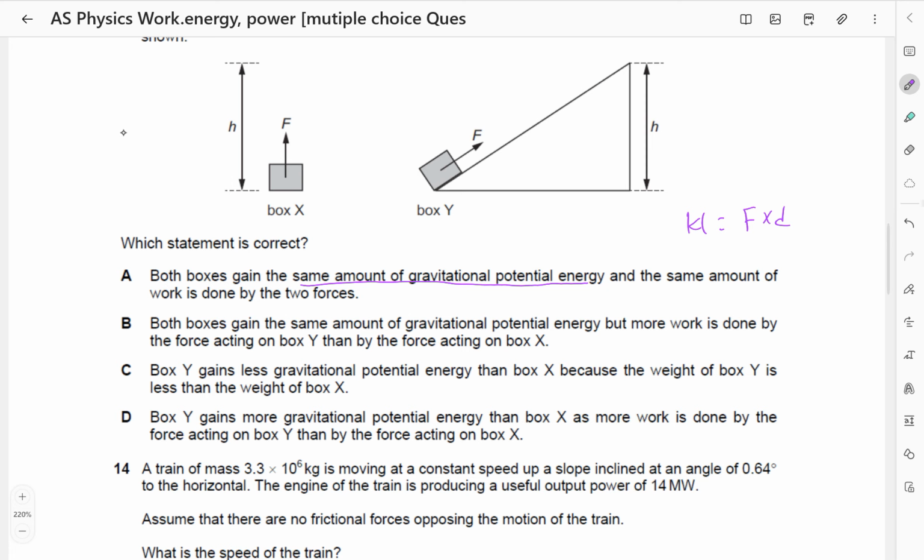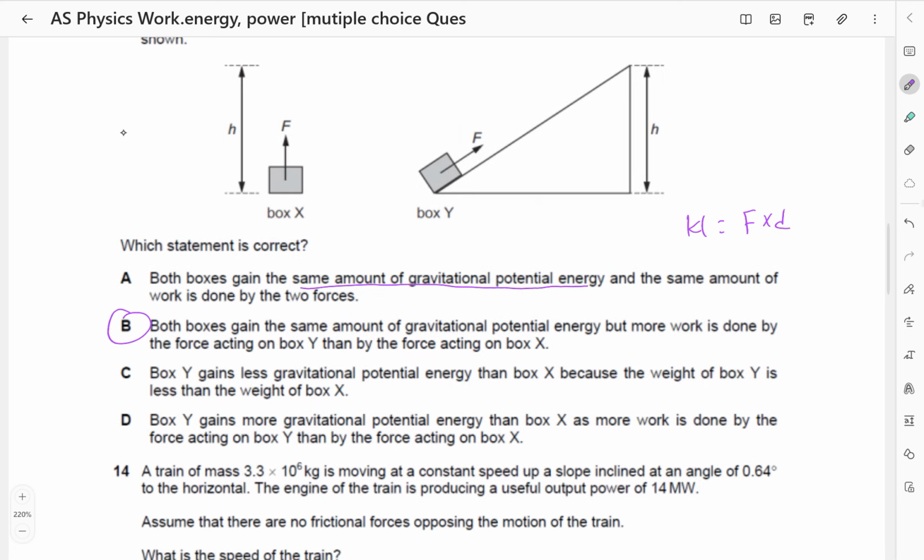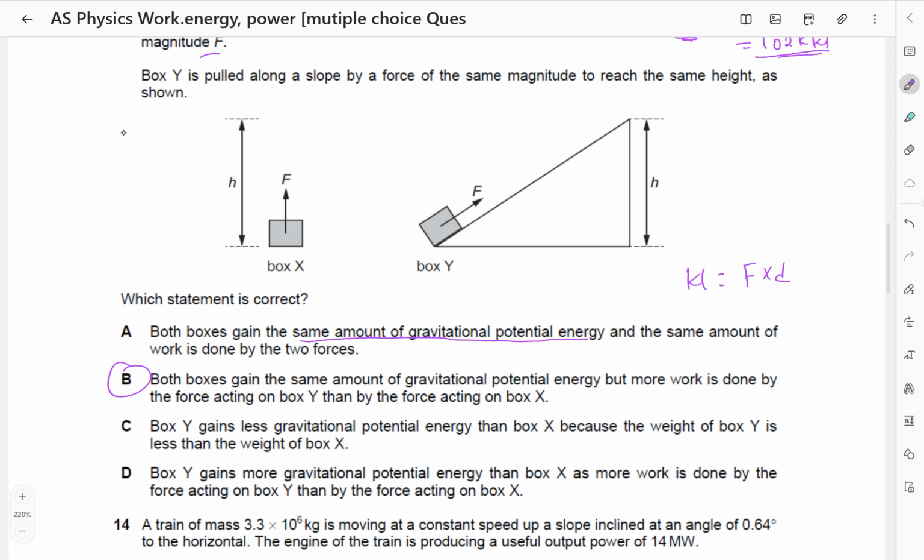Both boxes gain the same amount of gravitational potential energy, but more work is done by the force acting on box Y than by the force acting on box X. So the answer is going to be B, because work done is force times distance in the direction of the force. If we consider box Y, the distance moved is going to be this one here.